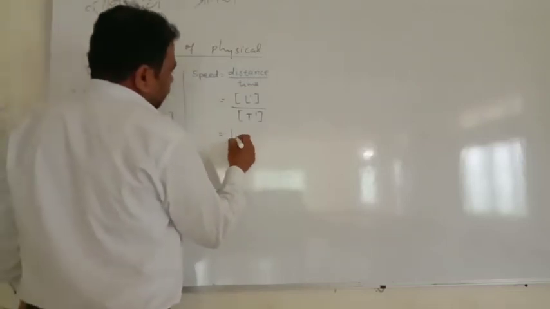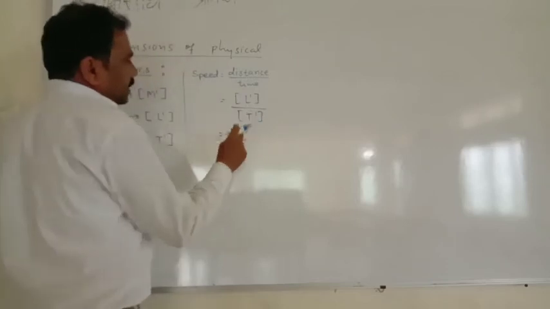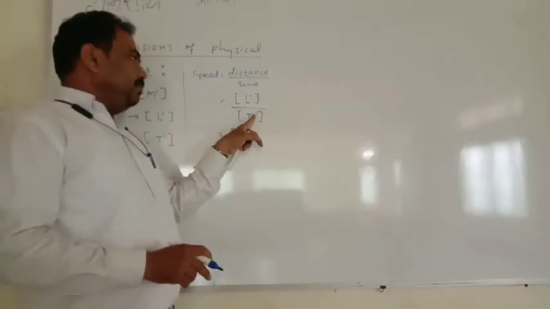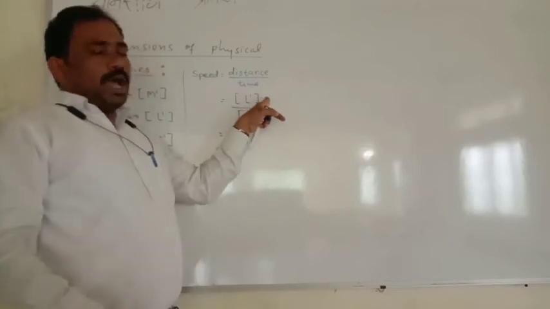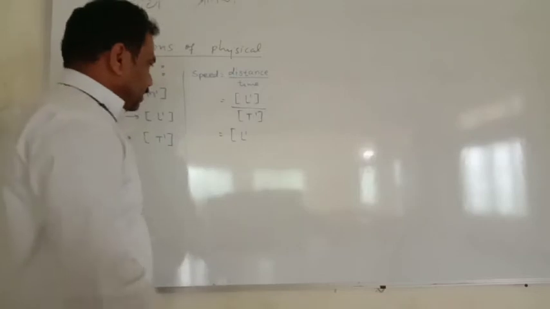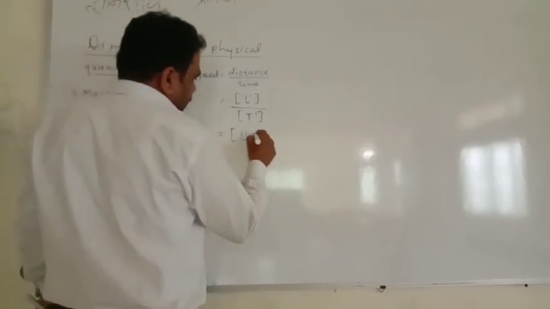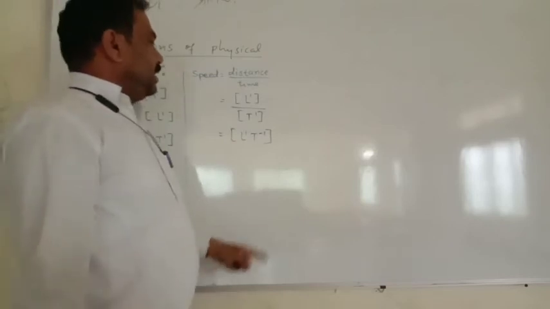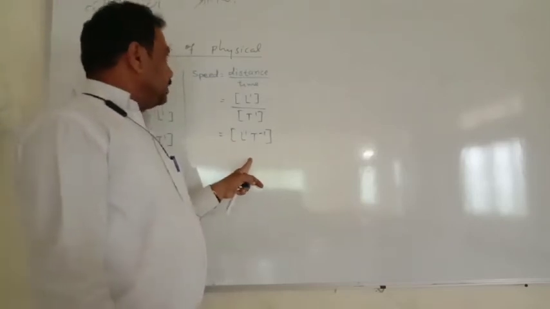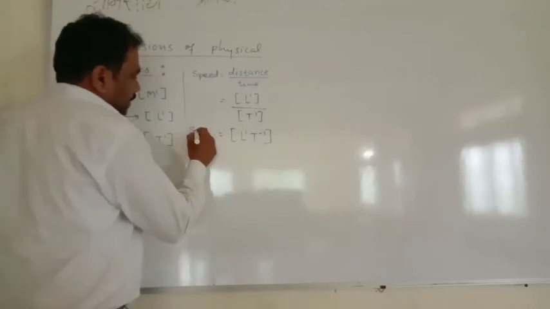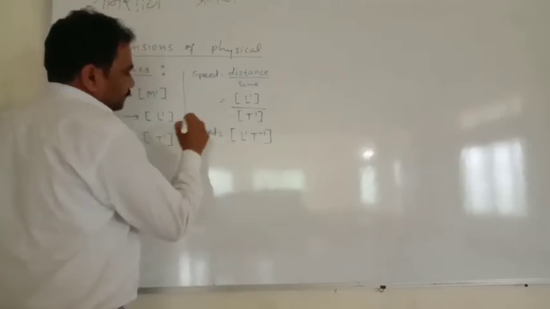So L1 upon T1. If we put this T1 at the numerator, then plus 1 becomes minus 1. So L1 T minus 1 is the dimension of speed.